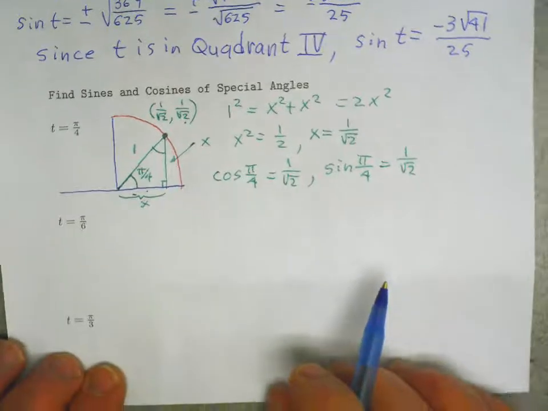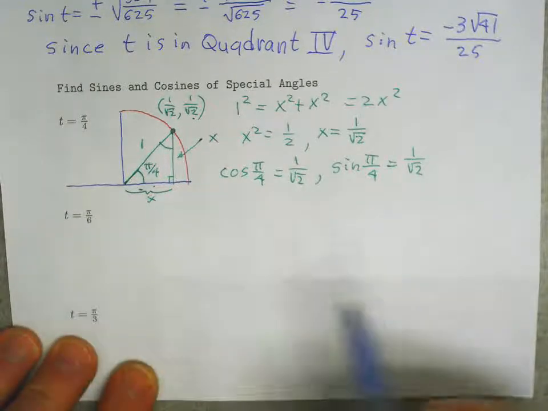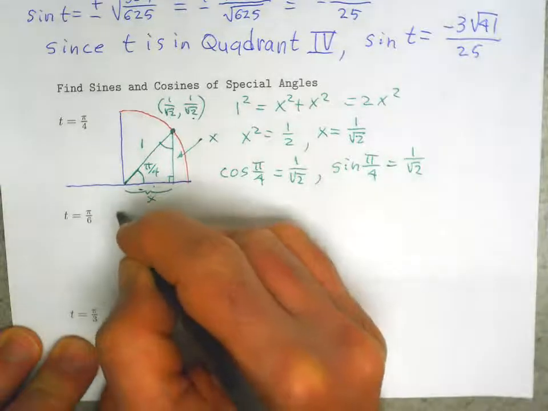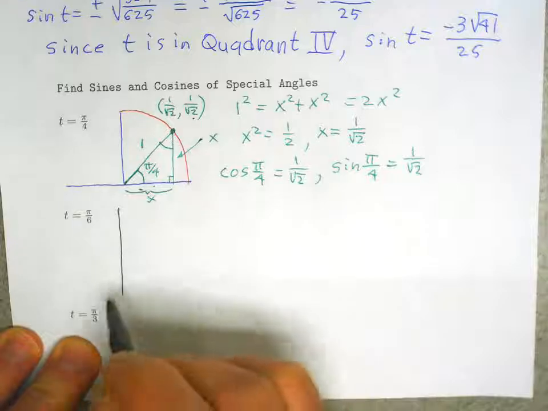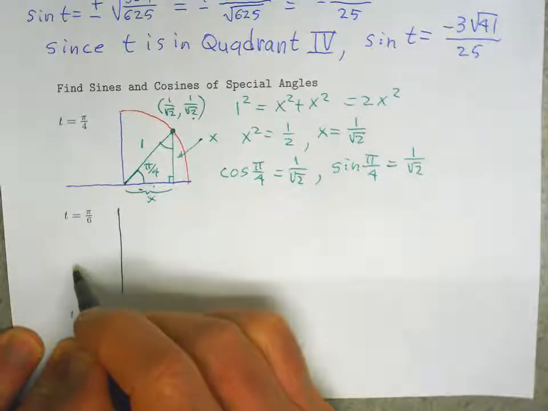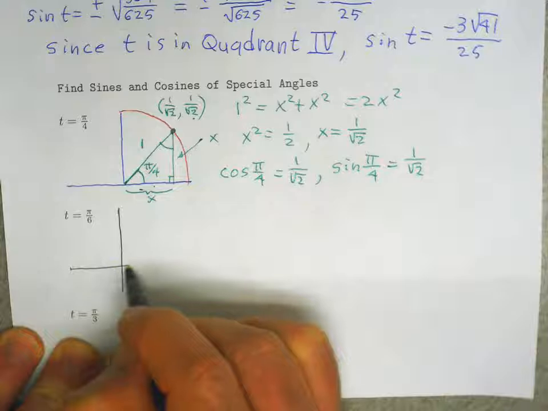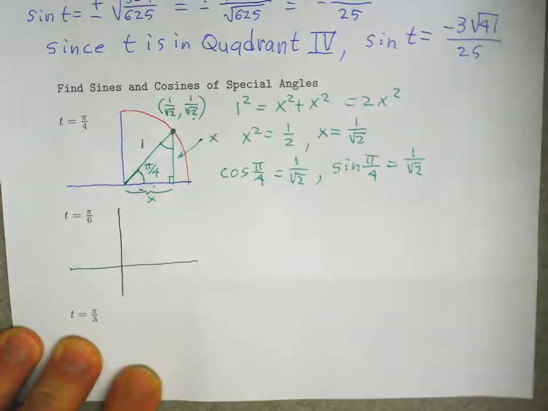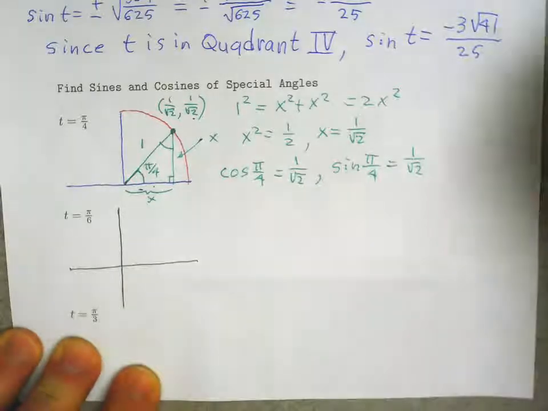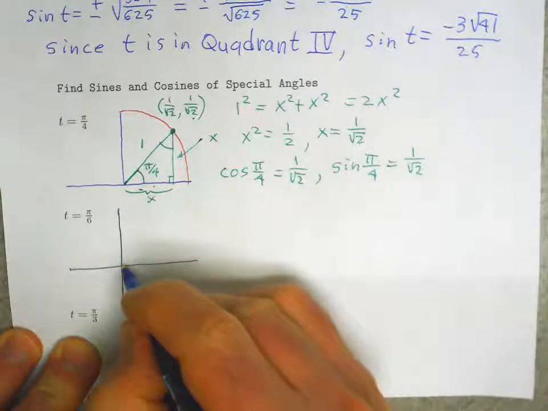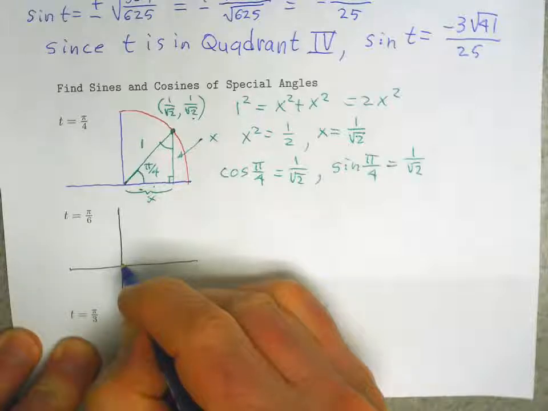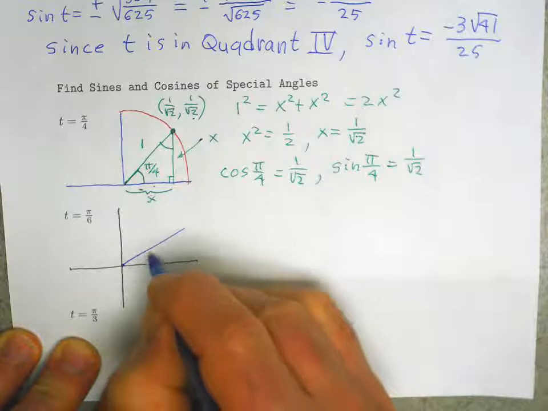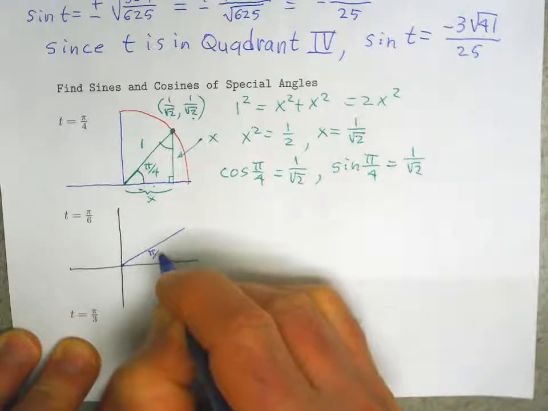Okay, if the central angle is pi over 6, I'm sure you all know what sine of pi over 6 and cosine of pi over 6 are already, but we'll go through this derivation. So in the first quadrant, we have this 30-degree angle, or pi over 6.